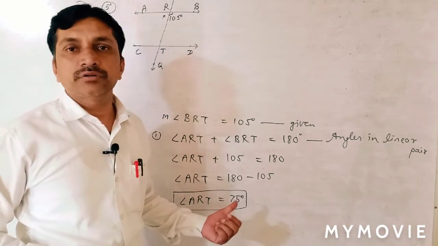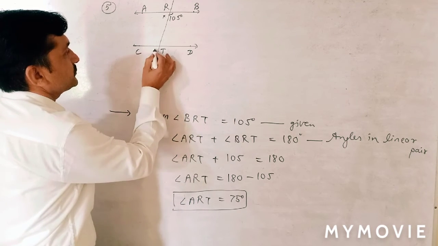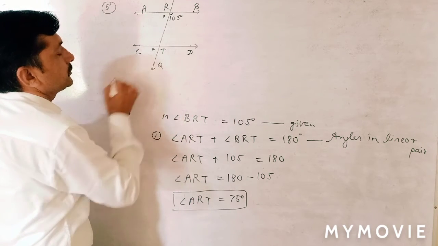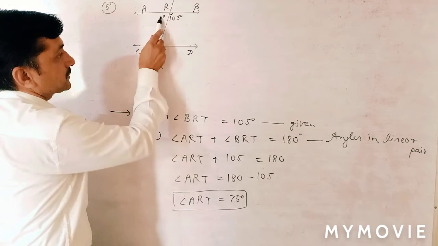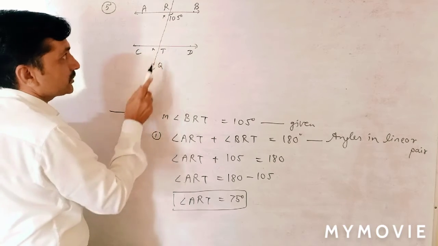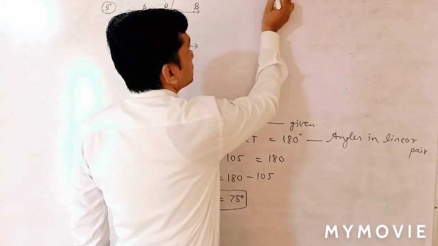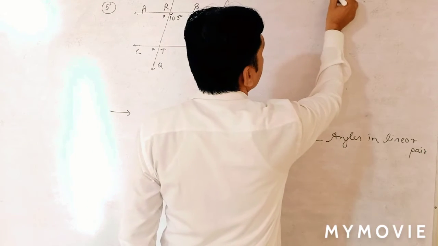After angle ART we want CTQ, angle CTQ. CTQ is here. Now CTQ and ART, these are corresponding. See here, ART and CTQ are corresponding. Therefore angle CTQ is equal to angle ART.